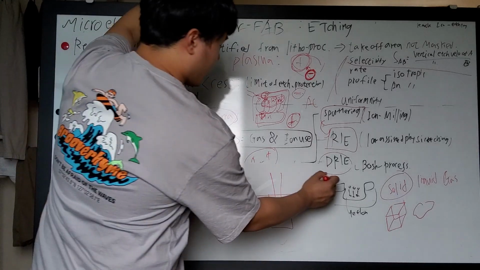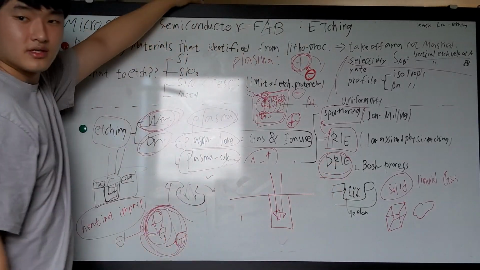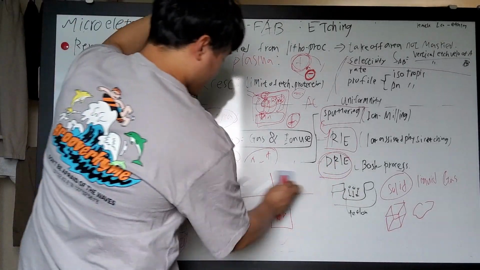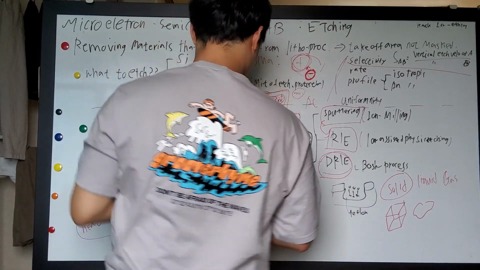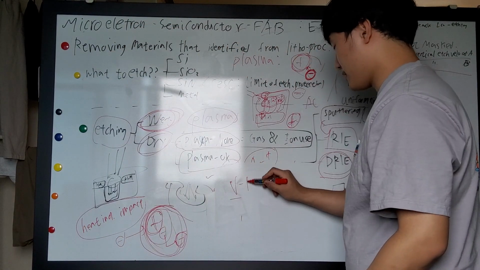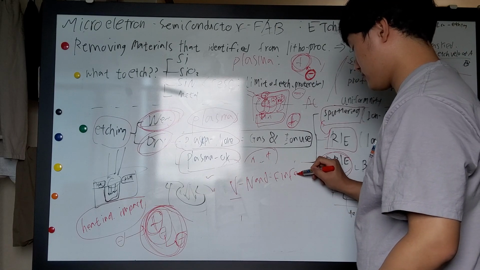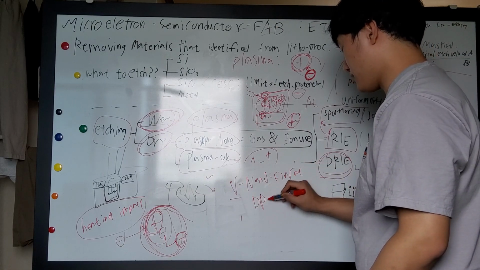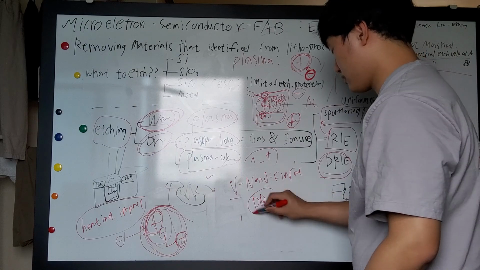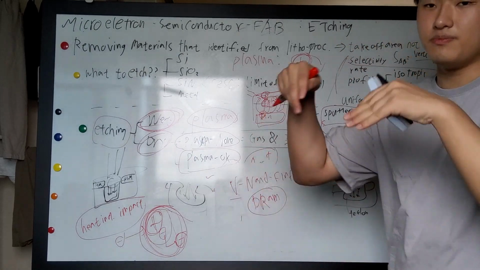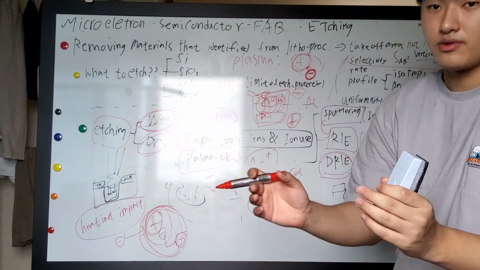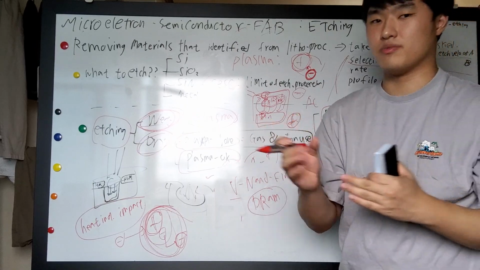And the RIE will be used for vertical channels or FinFET, or holes that need to be deep, but where the entrance is very small.